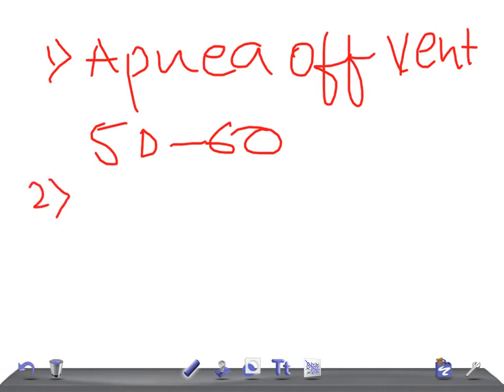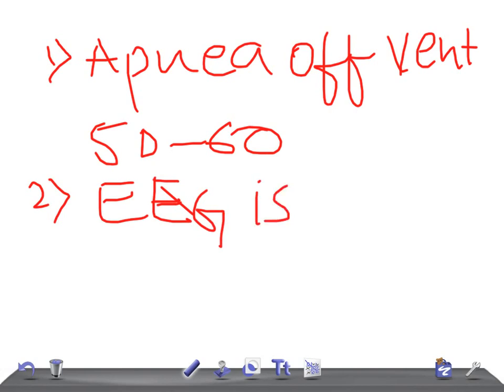If there's an EEG that is isoelectric for 30 minutes at maximal gain.